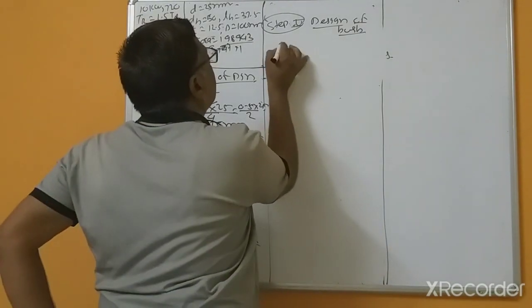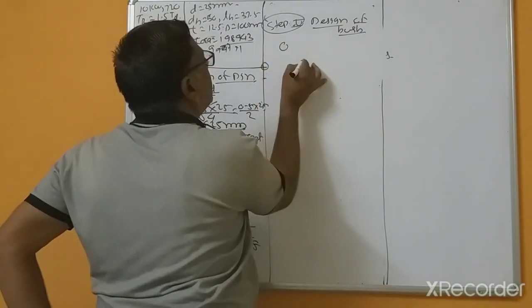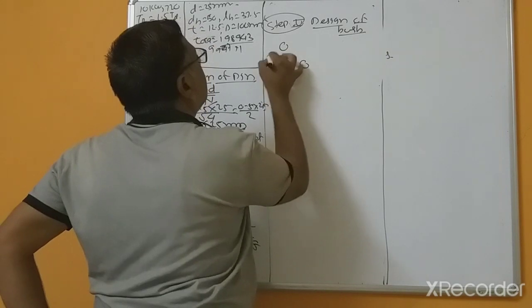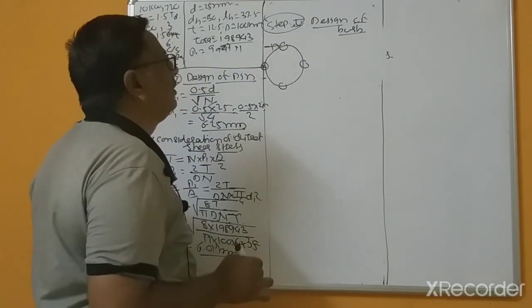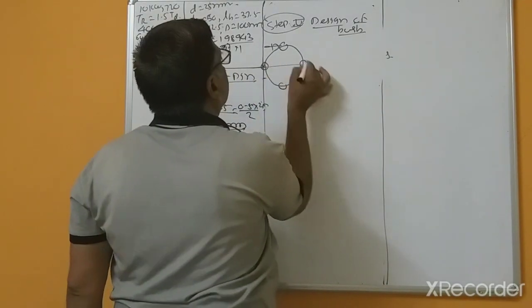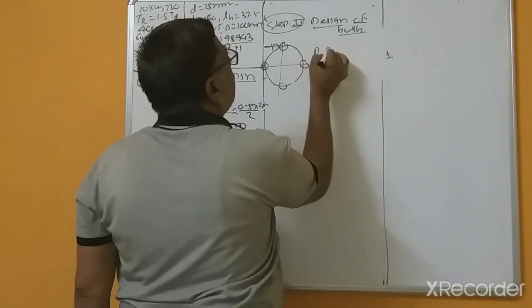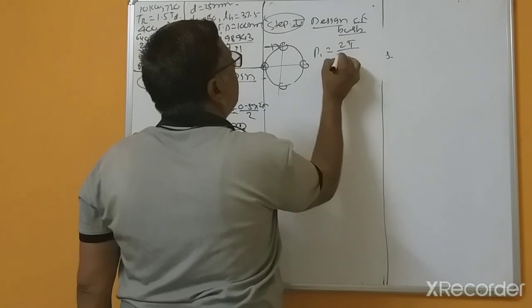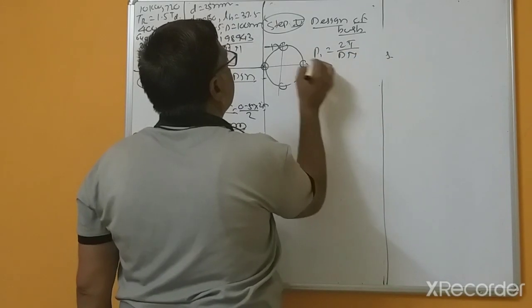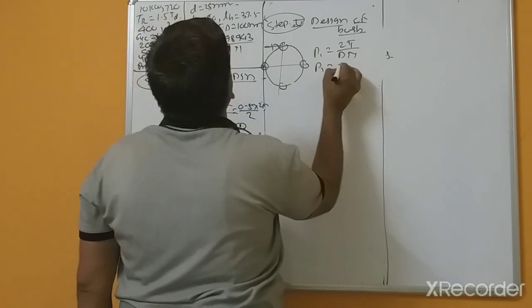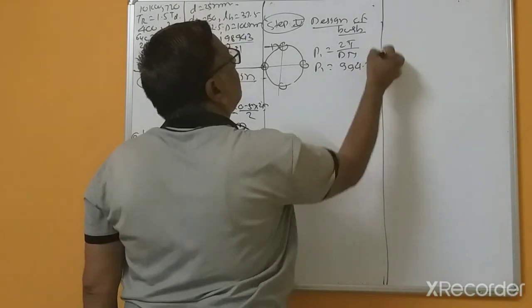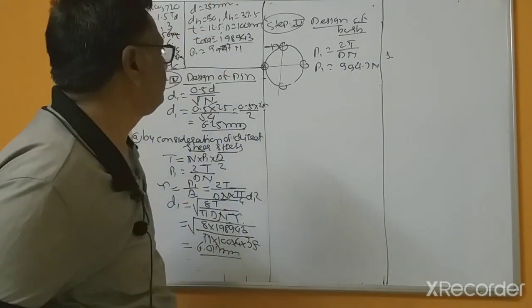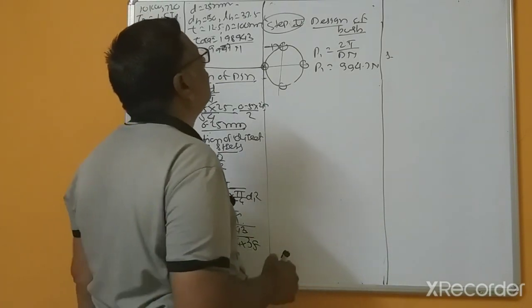Yes, force acting P1 equal to 2T divided by dN, force acting on each bush. We already calculated this, 994.7 Newton, right?